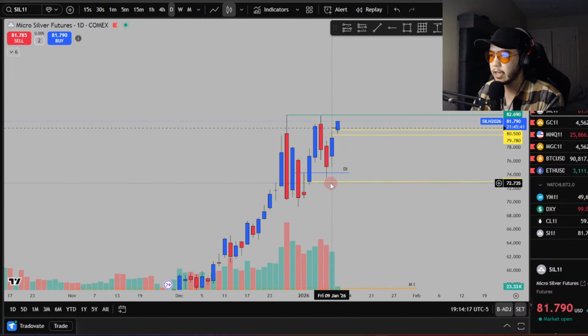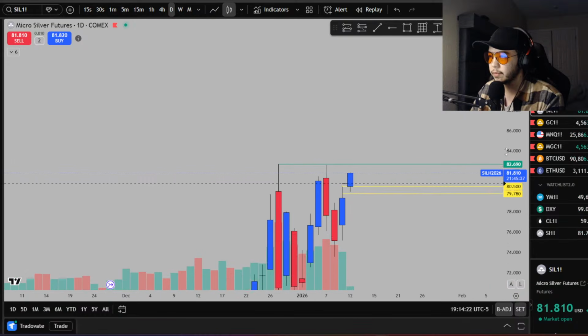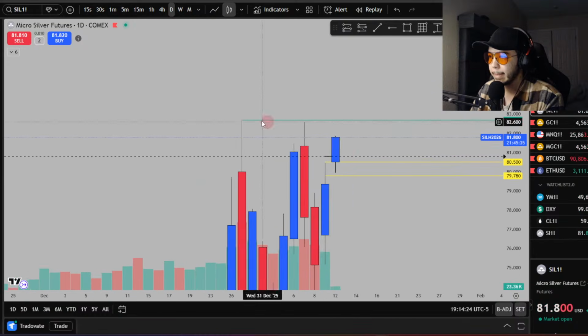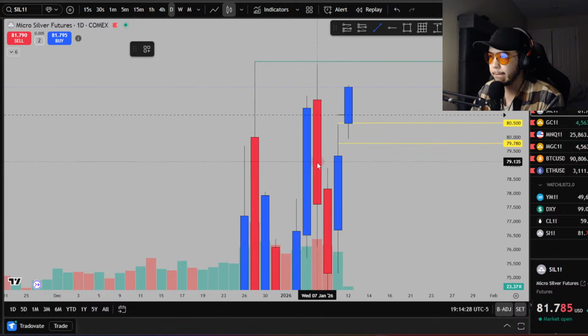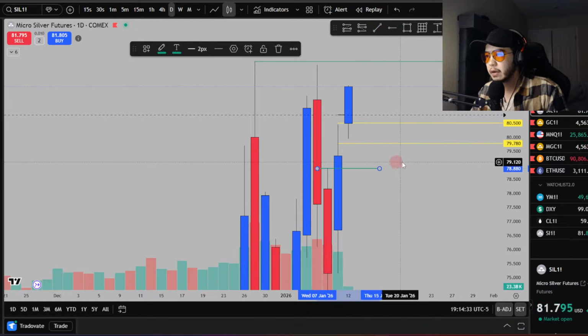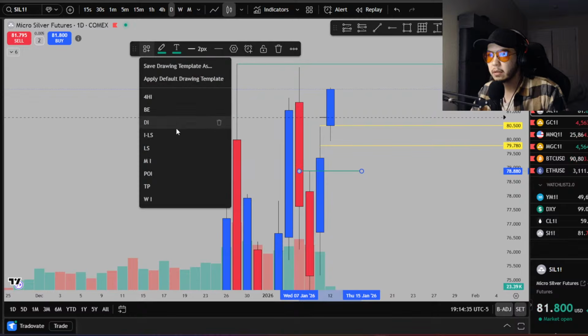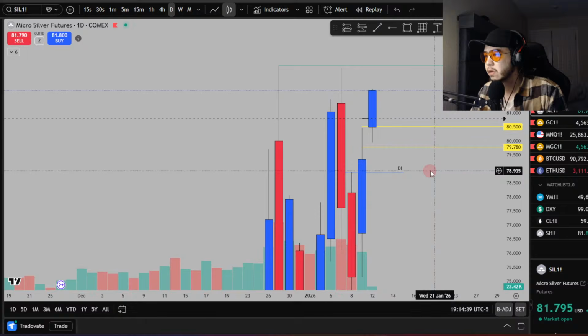Look at the weekly gap from last week. It didn't get filled out. That one filled out. So that's the all-time high. We may come down to this area later, tomorrow maybe. So this would be a daily indication.